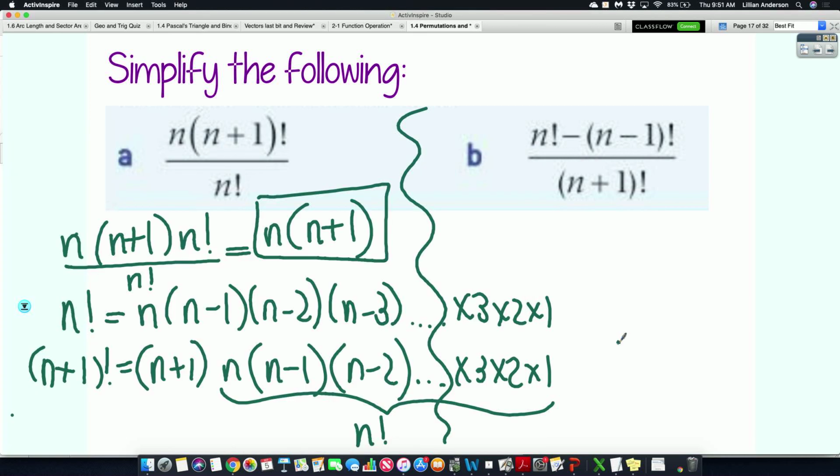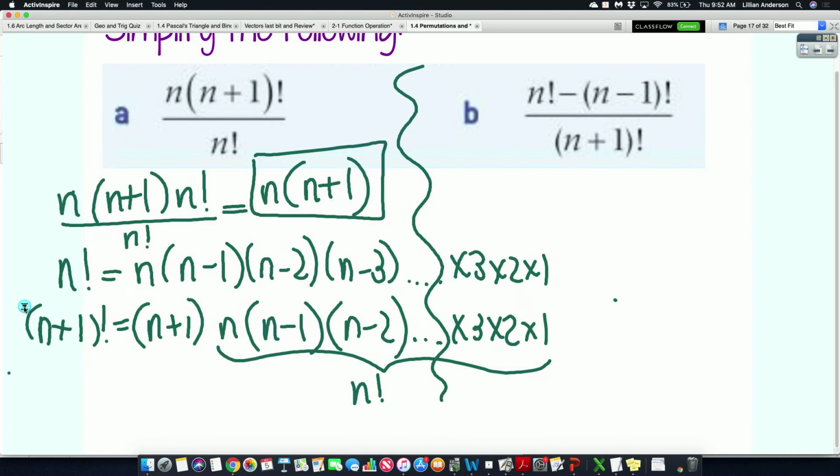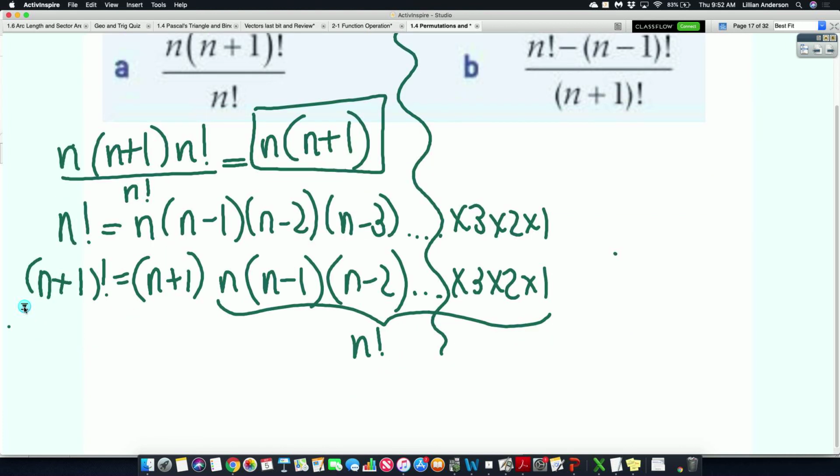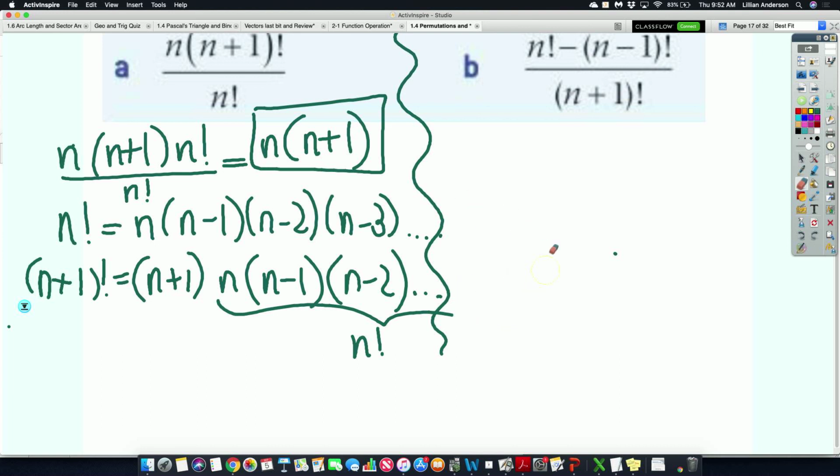Now this next one. I'm going to erase this back half here, it's in my way. n factorial minus parenthesis n minus 1 factorial, all over n plus 1 factorial.